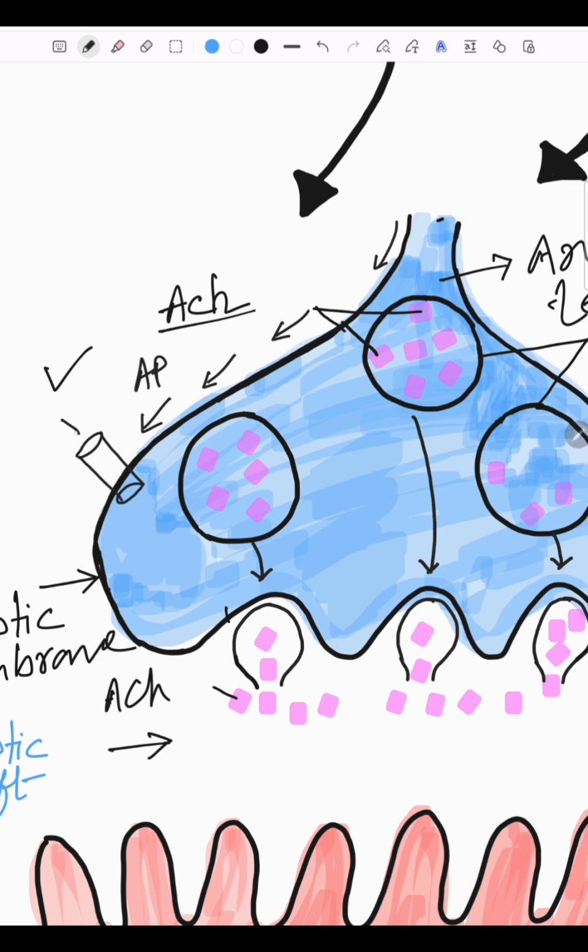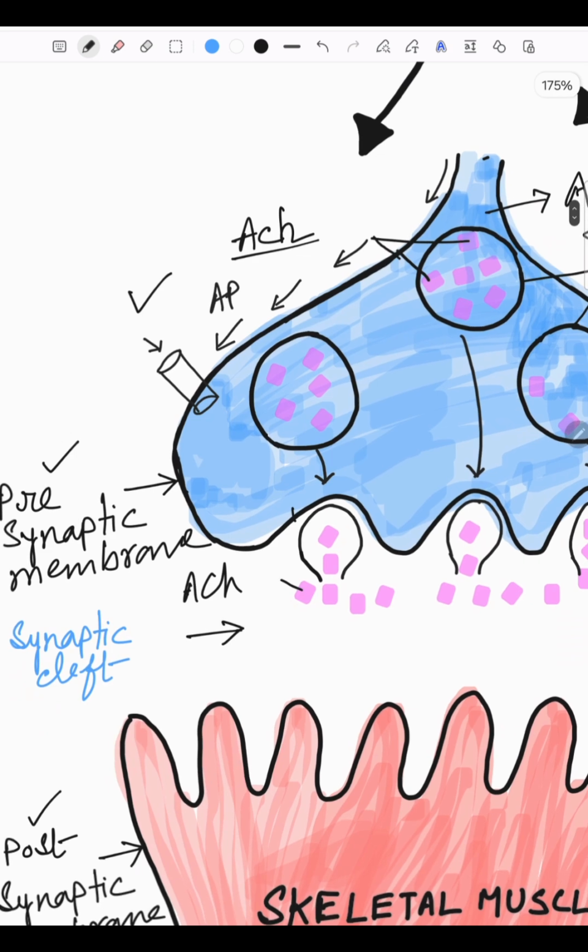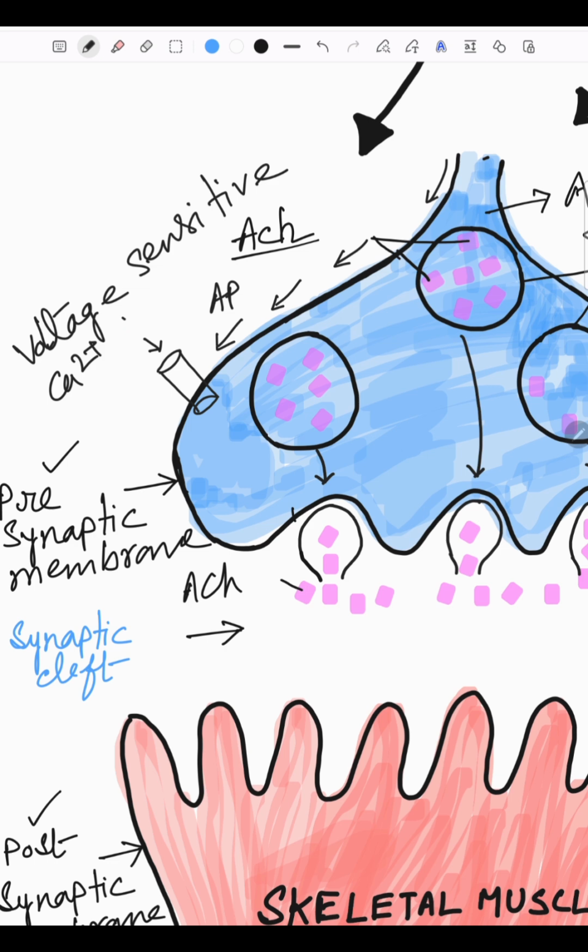These are the voltage sensitive calcium channels, and there is a lot of influx of calcium.